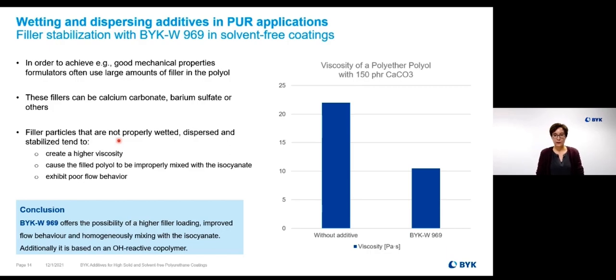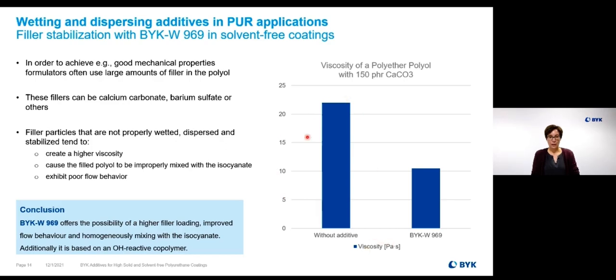Otherwise, we are facing problems like higher viscosity, so that the filled component can't be mixed properly with our second component, the isocyanate component. Or we have insufficient leveling of the coatings or flow coating. In the chart on the right-hand side, you can see the differences in viscosity.